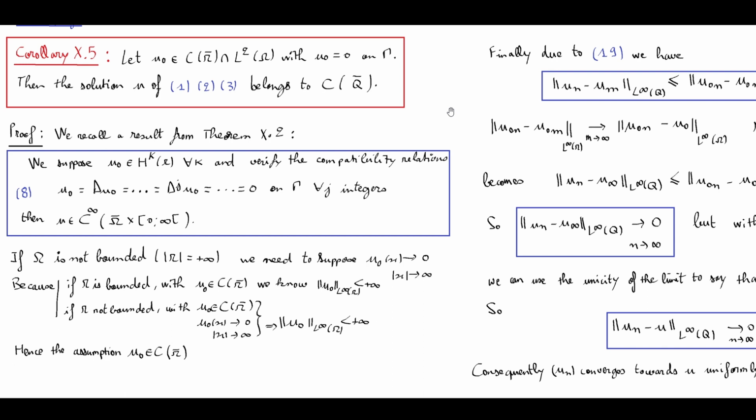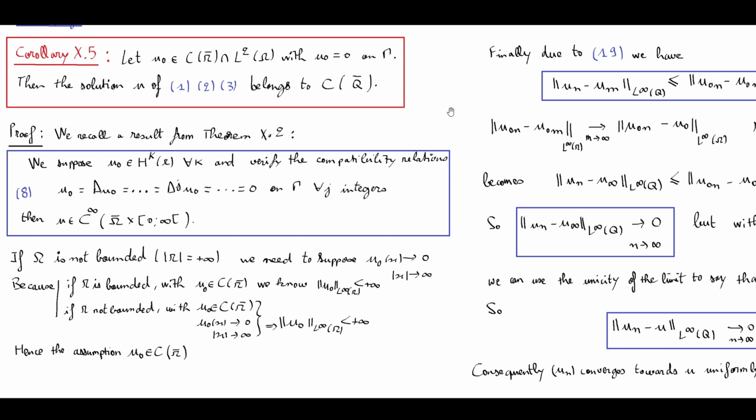If omega is not bounded, we need to add the hypothesis of U0 converging to 0 when the absolute value of x goes towards infinity. Because if omega is bounded, with U0 being in C of omega bar, we know that the L infinity norm of U0 on omega will be finite.